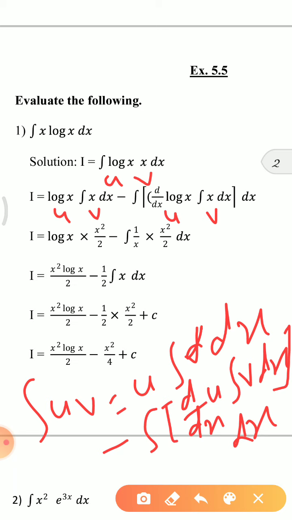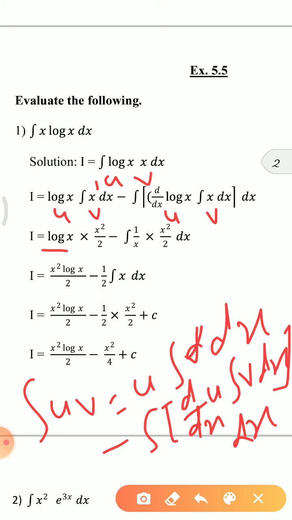That is equal to log x as it is here, integration of x dx. We have to apply the integration of x raised to n. Here the power of x is not given, that means the power is 1 here. Integration of x raised to n is x raised to n plus 1 upon n plus 1.